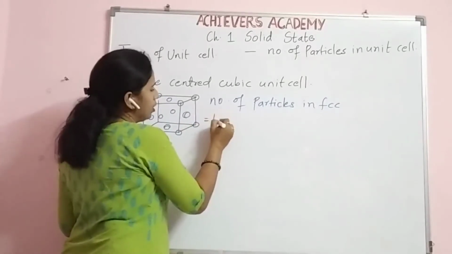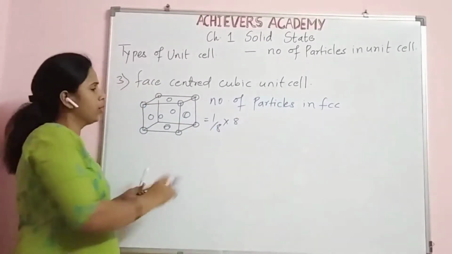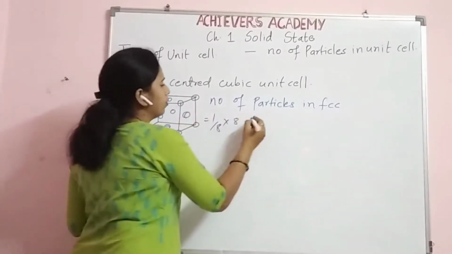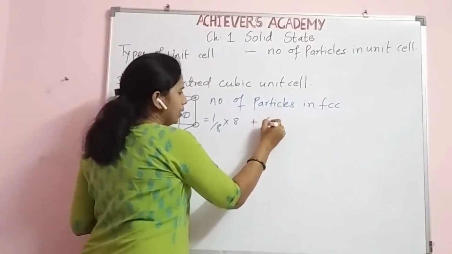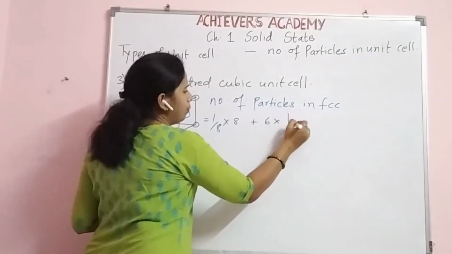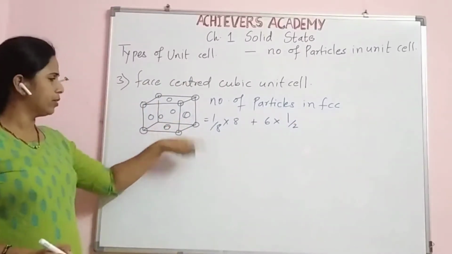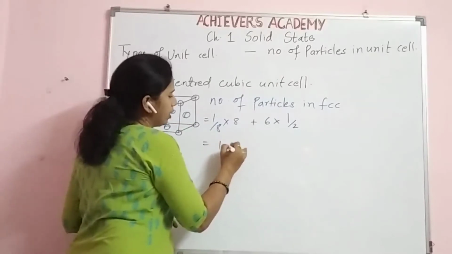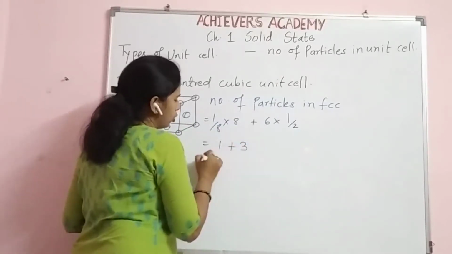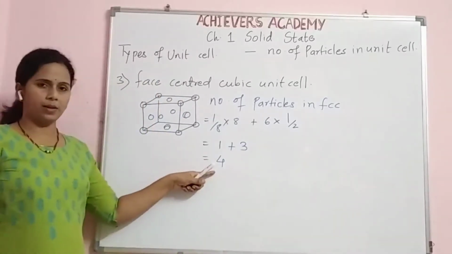First, there are the 8 particles at the corners, each 1/8 shared, plus the 6 face particles with only half of each present. If we calculate this, the total number of particles present in the unit cell is 4.